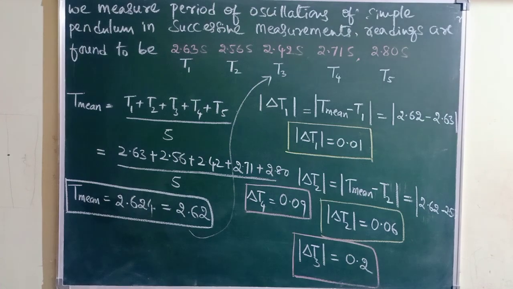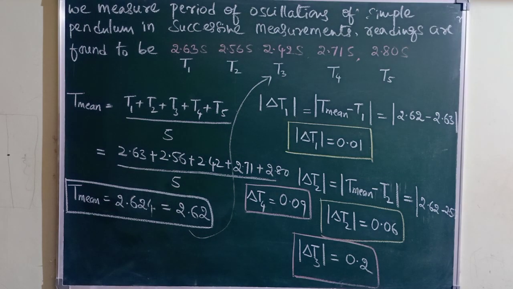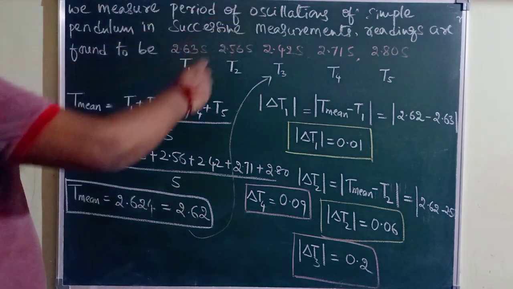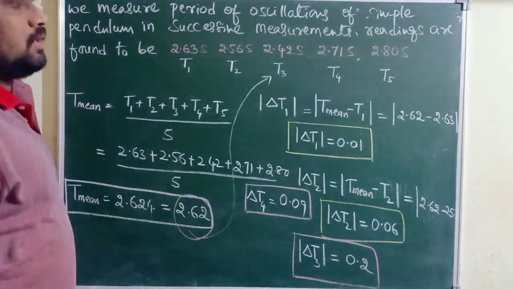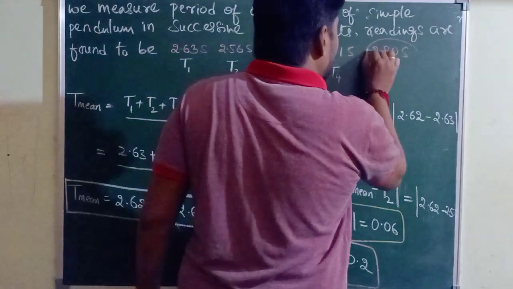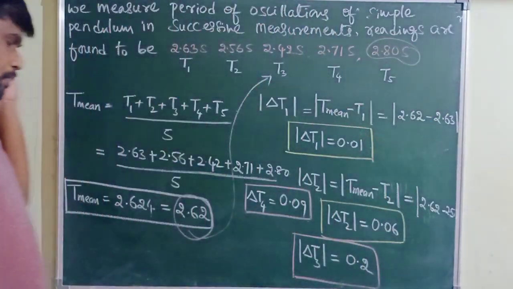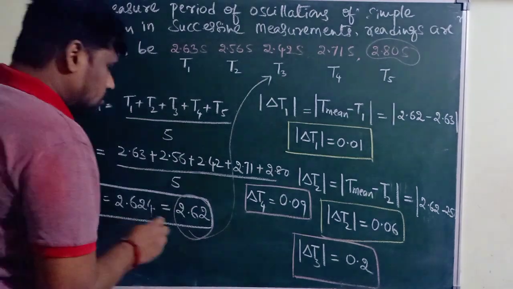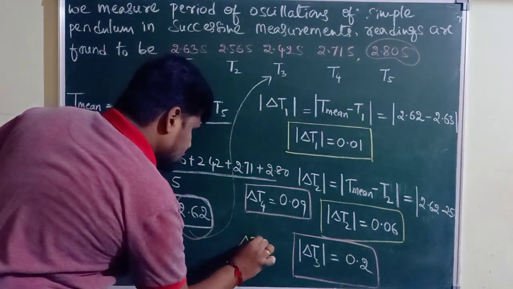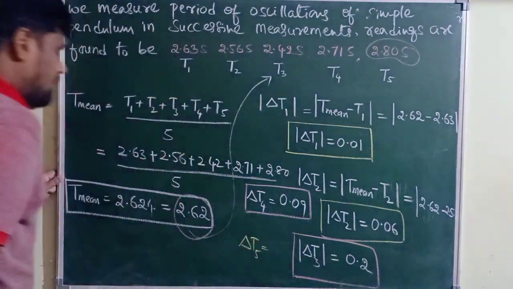Similarly, delta T5. What is delta T5? T mean minus T5. How much is the T mean? 2.62, minus T5 which is 2.80. 2.62 minus 2.80 is the absolute error in the fifth measurement, that is delta T5.